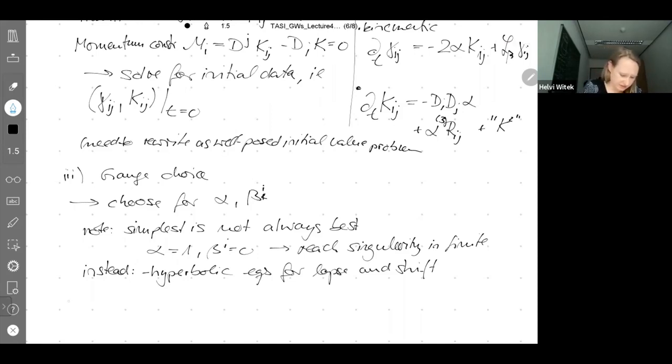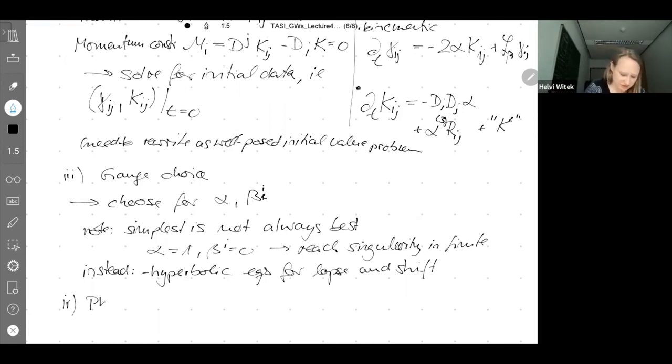Maybe the final item, and this really is more like a reading list if you want to read up on this. What we actually want to get out of these simulations are physical observables. In particular, we want to compute, for example, the gravitational wave signal emitted by this inspiraling and merging compact binary.